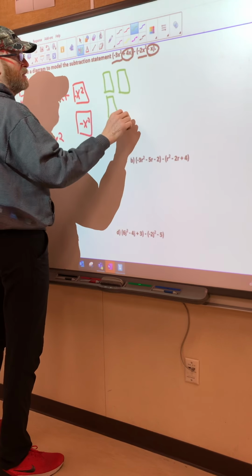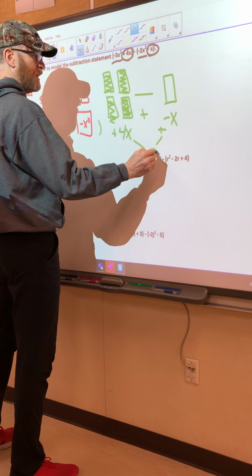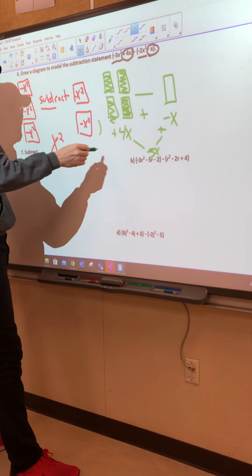So this is 4x, take away negative x. So subtract negative x. Okay? So a positive 4x subtract another negative x is the same as adding a positive. So 4x add a positive is 5x. Okay? 5x. So I think we're left with x squared minus 5x.